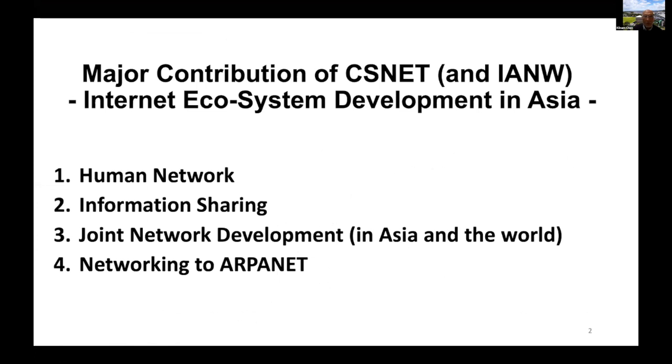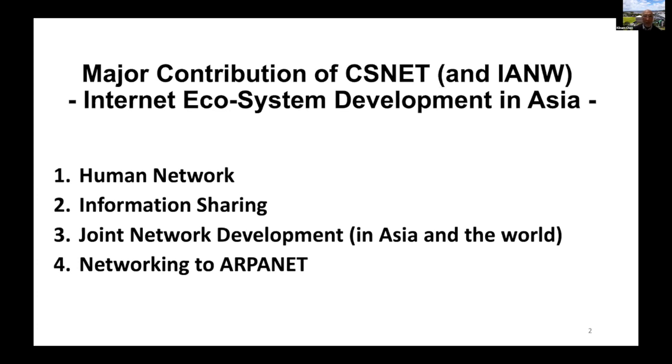I'm going to talk about two things: first, the ecosystem, and second, a timeline. First of all, this internet ecosystem is very important. And the CSNET and the International Academic Network Workshop, led by Professor Landweber, Dave Farber, and others, and the NSF, really helped. I'm going to explain this.